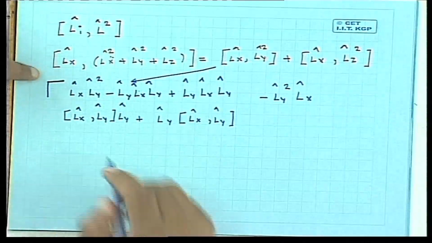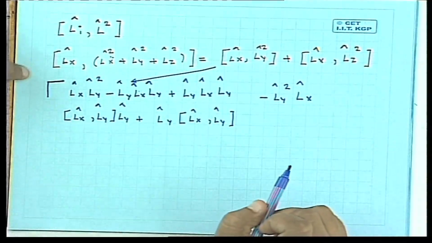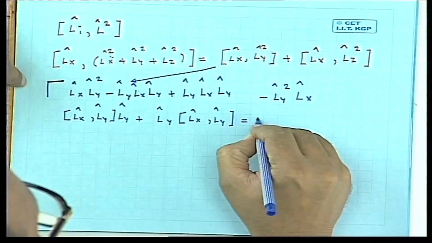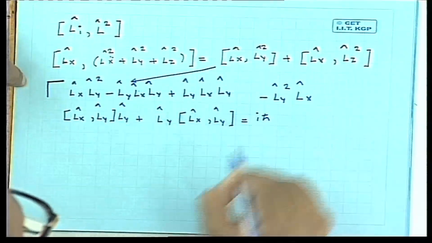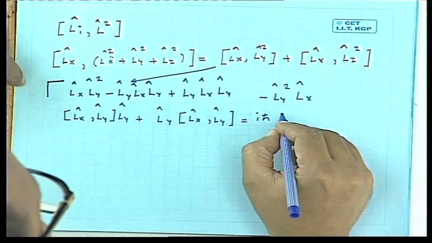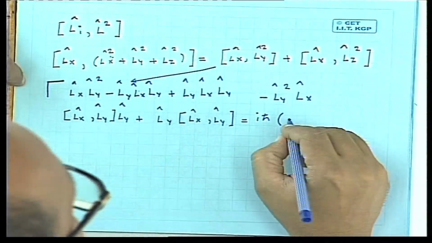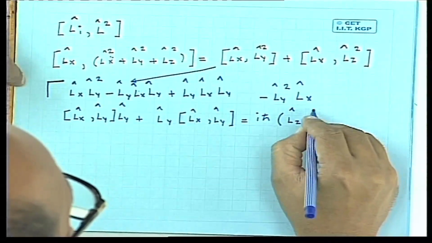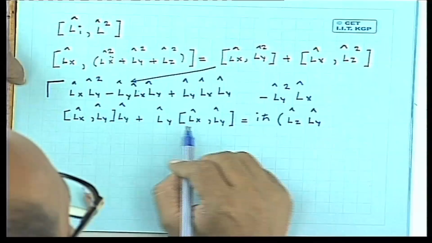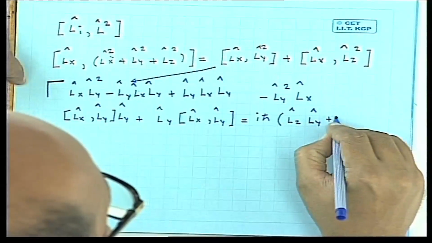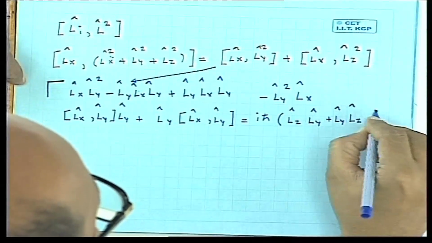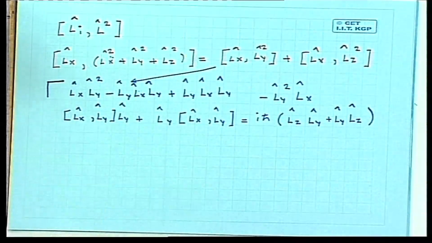We know that the commutator of Lx and Ly is i h cross Lz. So, this is equal to i h cross, and then I have Lz Ly plus Ly Lz. So, this is the first term.